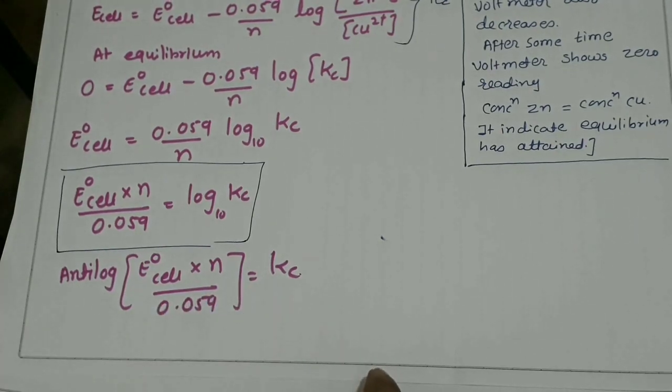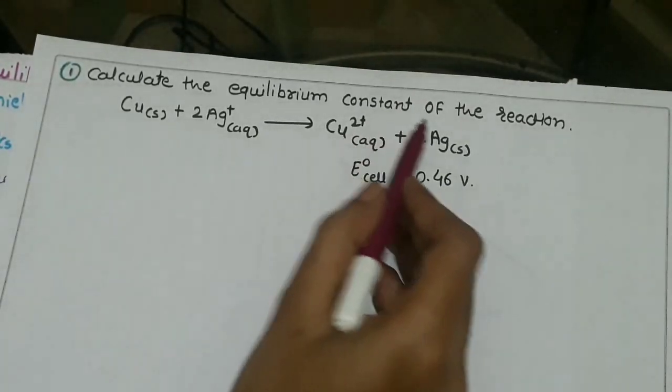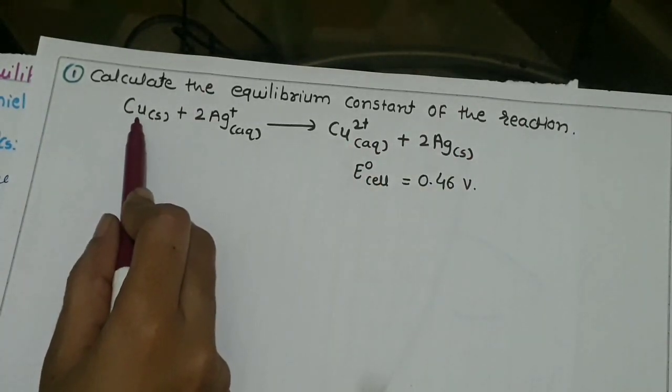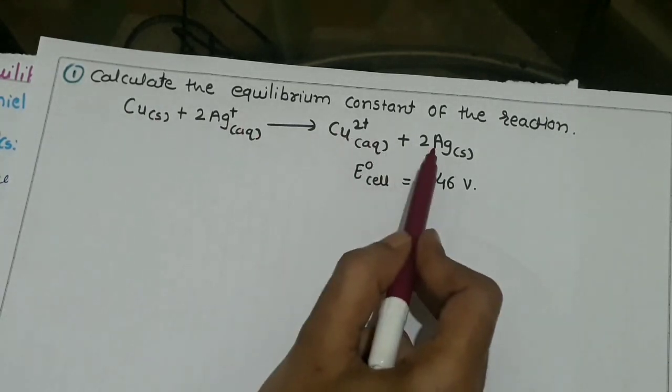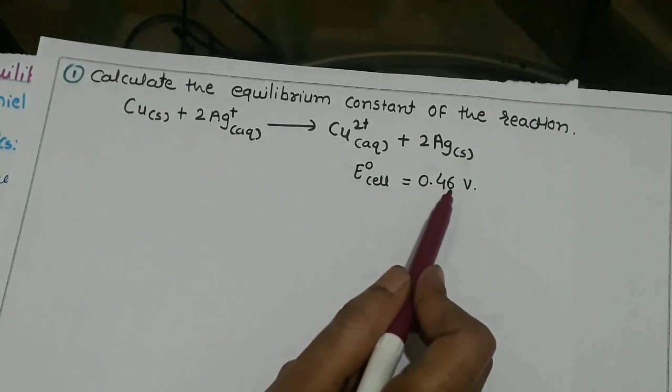Okay, let's see one numerical based on it. Calculate the equilibrium constant for the reaction Cu plus 2Ag+ gives Cu2+ plus 2Ag. Here E naught of cell is given, that is 0.46.